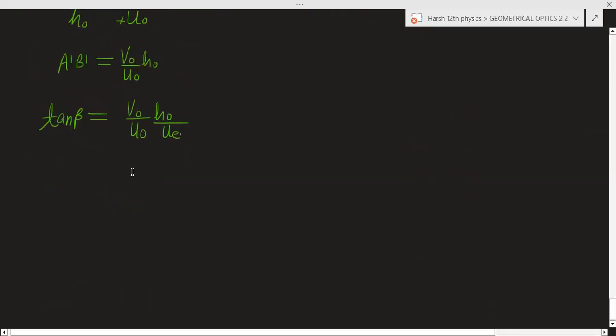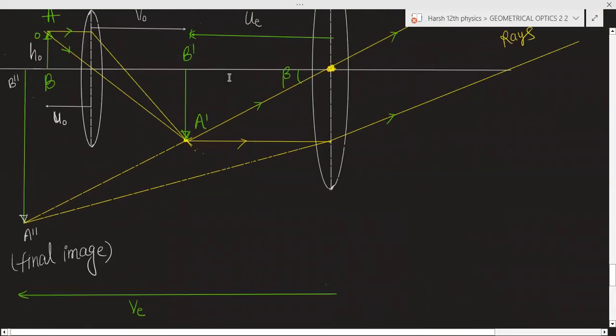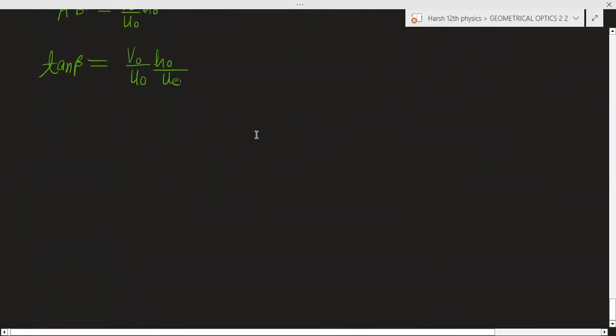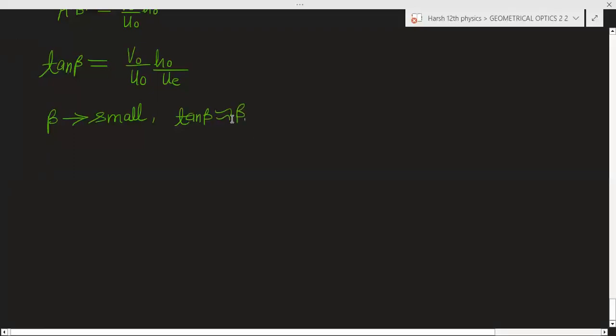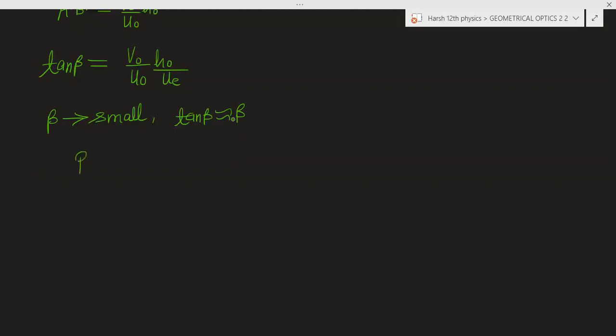Now this beta is a small angle, so tan beta can be approximately equal to beta. So instead of tan beta, we can put beta only. So beta is equal to V naught by U naught multiplied by H naught by UE.